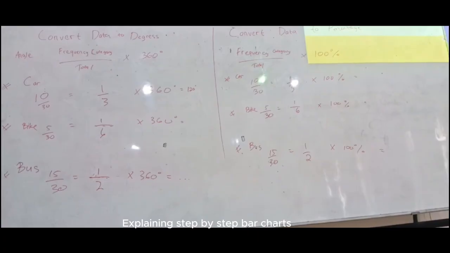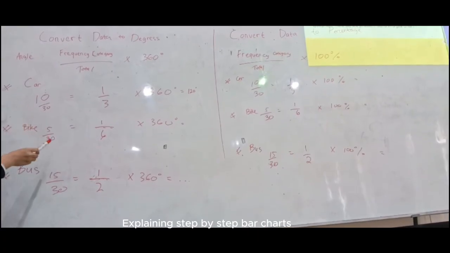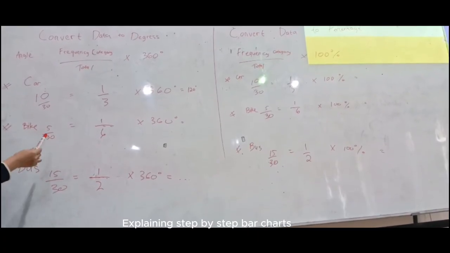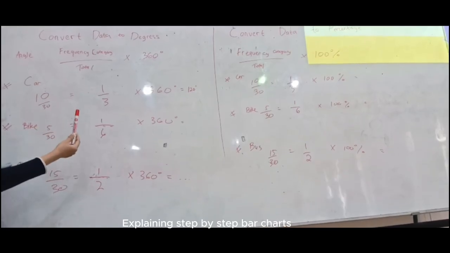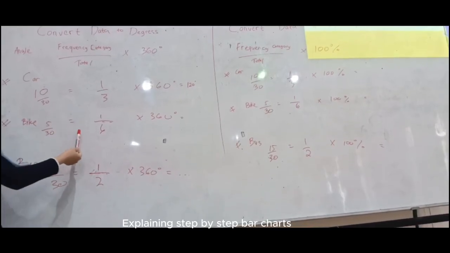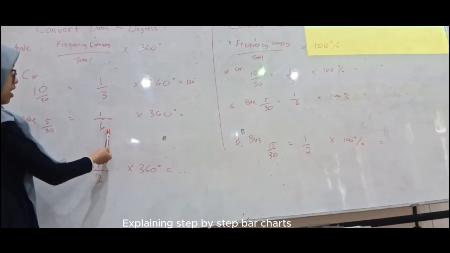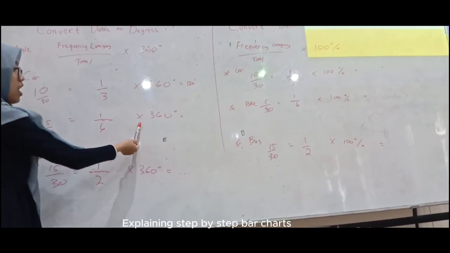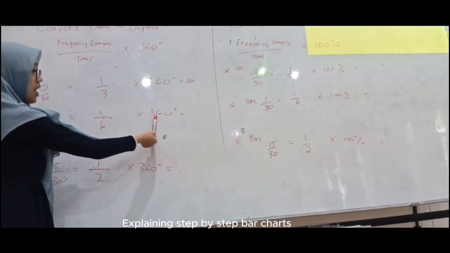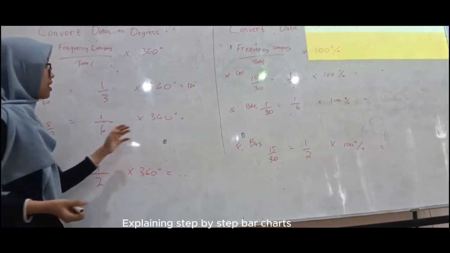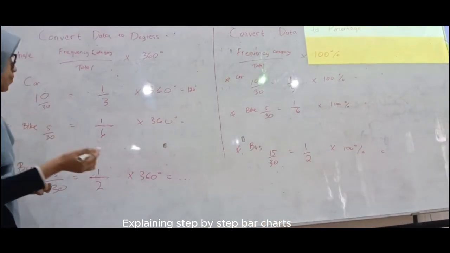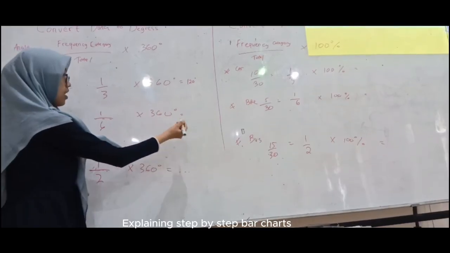Good. And the second part is 5 students over 30. We simplify it to 1 over 6, times 360 degrees, which is 60 degrees.